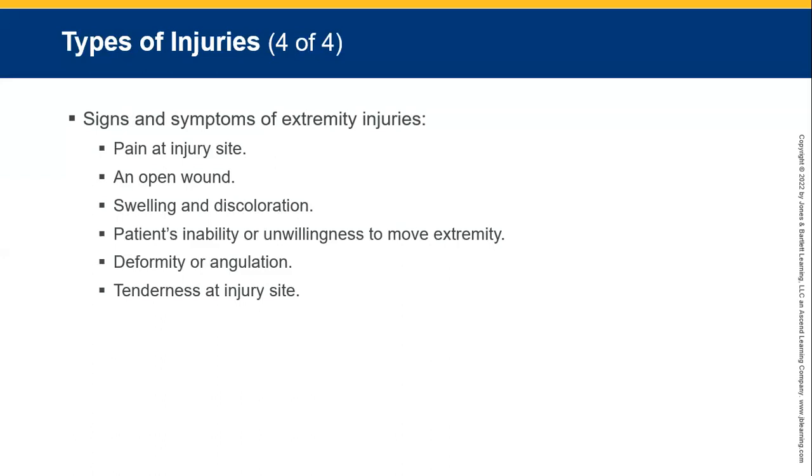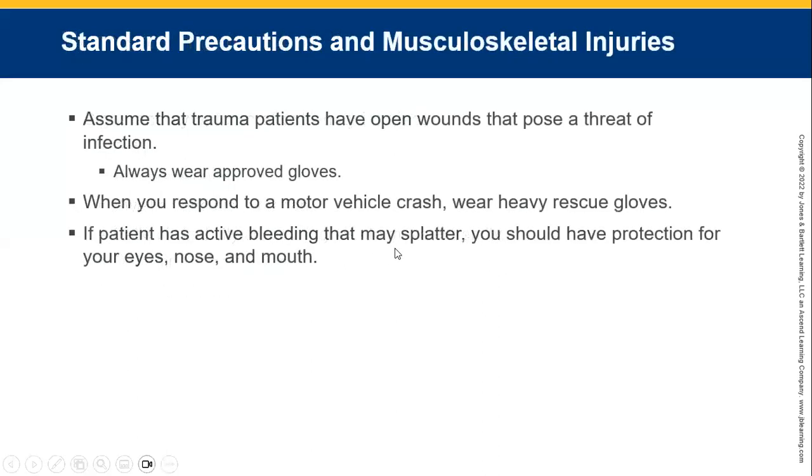When you look at the patient and you see the foot shouldn't be twisted that way around on the body, you can see straight away that there's deformity. Tenderness at the site of injury. Anybody who tells you they've broken a bone or twisted an ankle will tell you it's exceptionally painful. Most people have been through that in their lives.